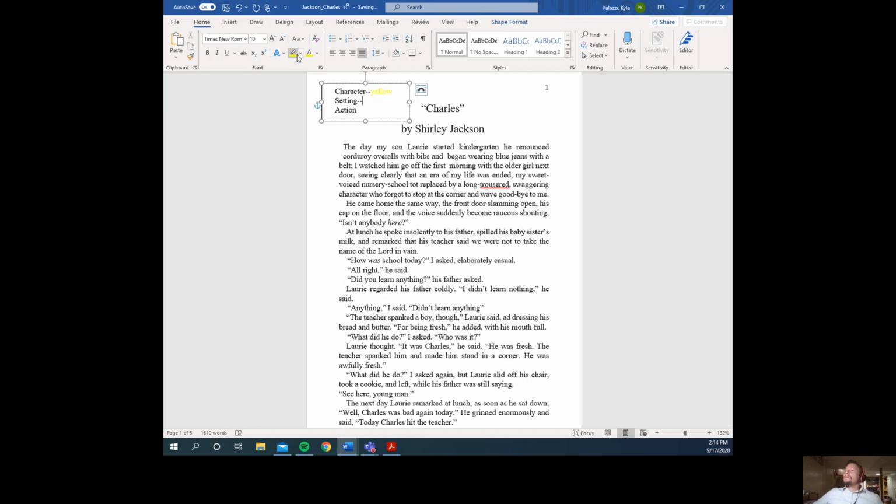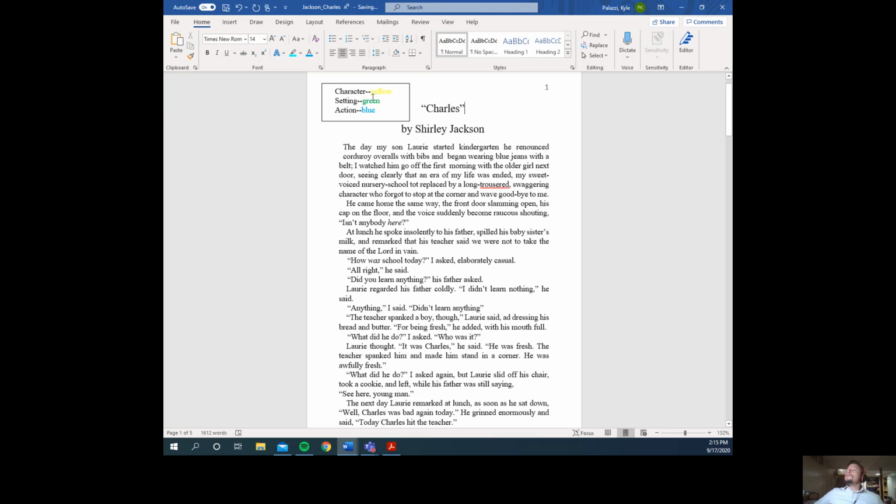For setting, I'm going to ask that you use green. And then for action, please use the color blue. These are the highlighters that I would like you to use.